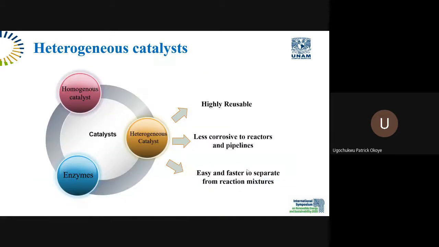Hence, heterogeneous catalyst has been the favorite of several industries because it offers several advantages such as high reusability, being less corrosive to reactor and pipeline, and being easy and faster to separate from the reaction mixture, against homogeneous catalysts that are very corrosive and whose reusability is very difficult.